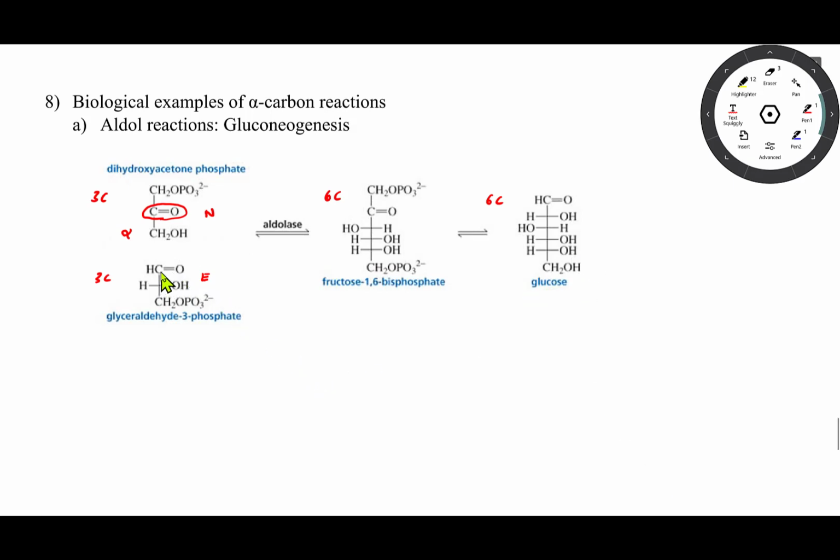The attachment is going to be from this carbon to this carbon. So the new bond that's formed is this one right here. And remember, in an aldol reaction, you have a carbonyl functional group and an alcohol that forms. So this is the product of that aldol reaction.